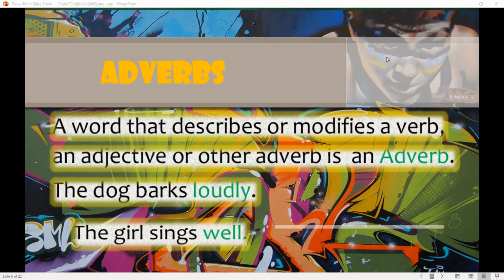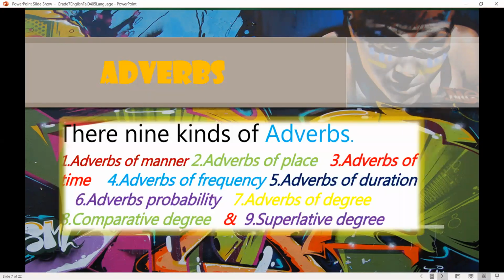If I said it in that way, then you would know whether she was a good singer or whether she wasn't a good singer, right? So it's important to know that this understanding of how well someone does is conveyed with an adverb, and there are different kinds, okay?